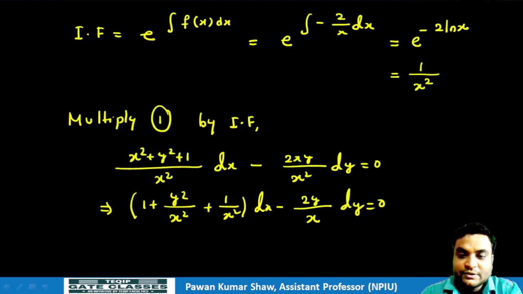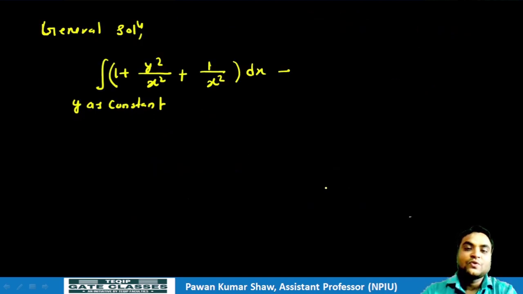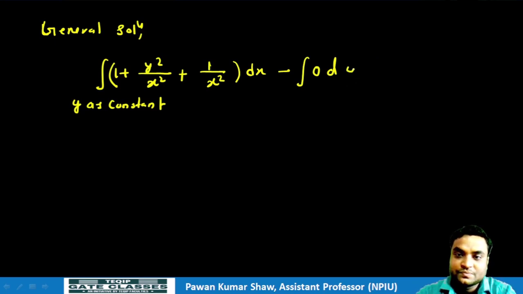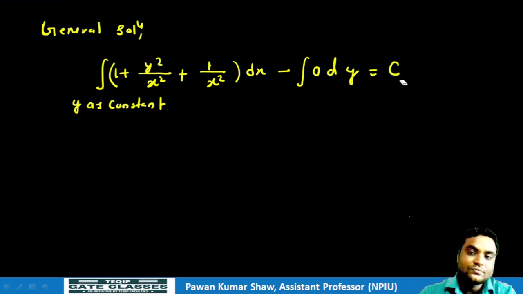And what about this one? The second term, in our updated N term, we will take those terms which do not contain x. But here there is a single term, and that term contains x. So in that case, there is no term which is free from x. So what we can write is 0 dy, because there is no term free from x, so that is 0, equal to some constant.